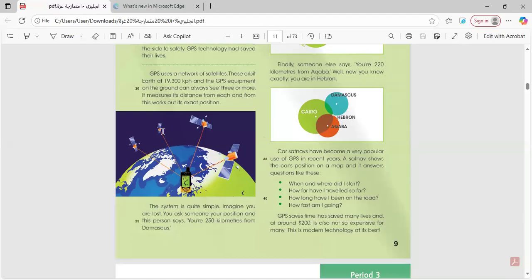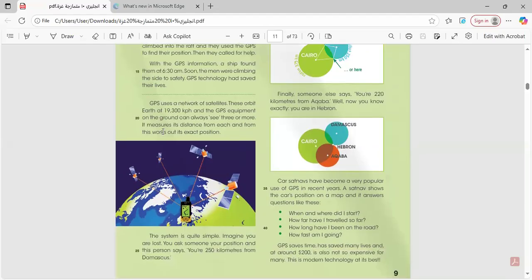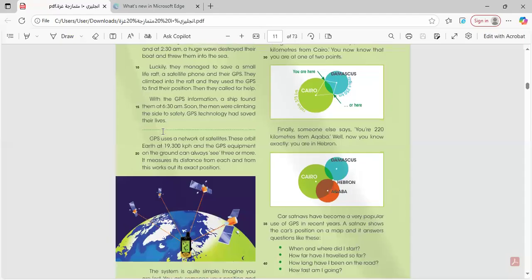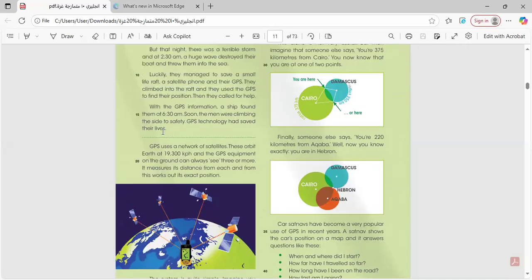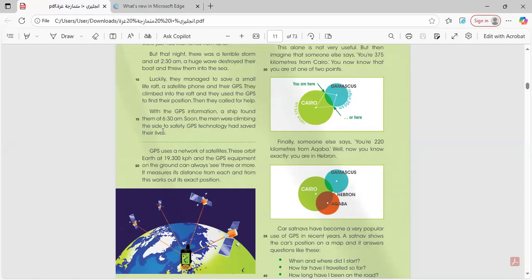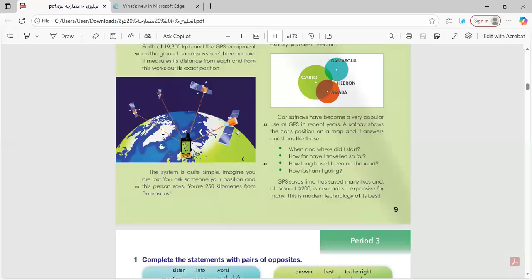You remember? It measures its distance from each, and from this works out its exact position. So it's satellites, right? To know the position, GPS should see the satellites, to define the location or the place.